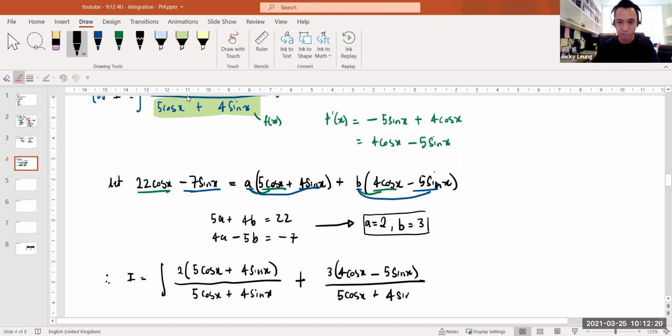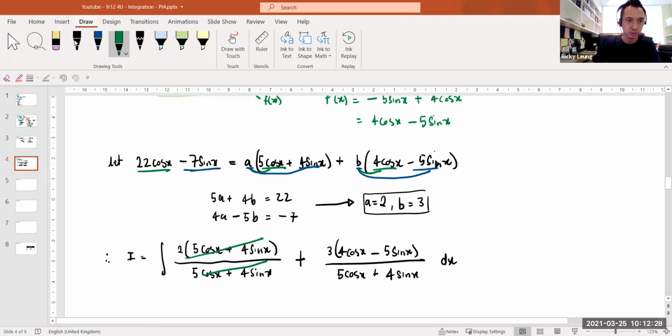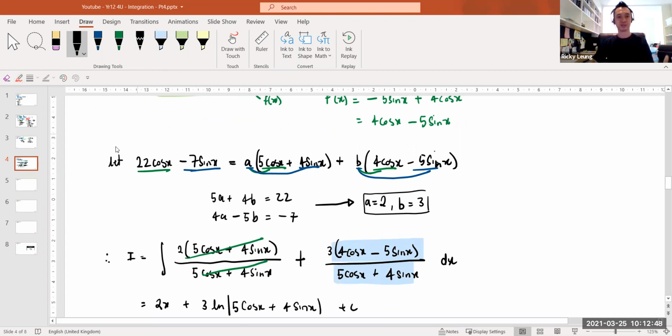Now, this is great because what happens next is this: the denominator goes away, I'm left with 2. 2 is easily integrable, that's 2x. Plus, now I know this guy here, derivative on function, that's ln. So plus 3 times ln of the denominator, plus c. And I'm done.